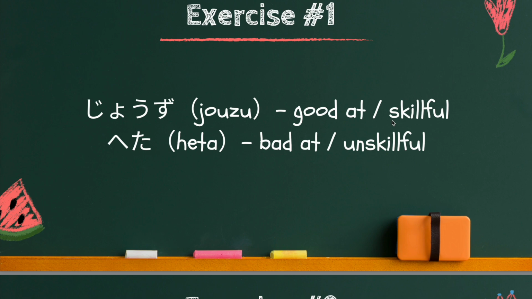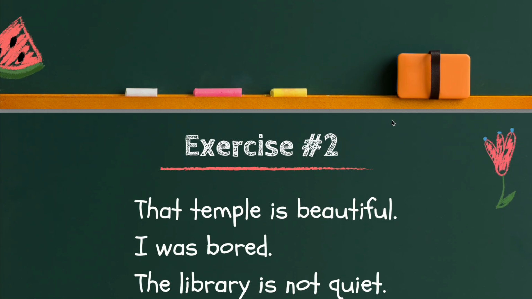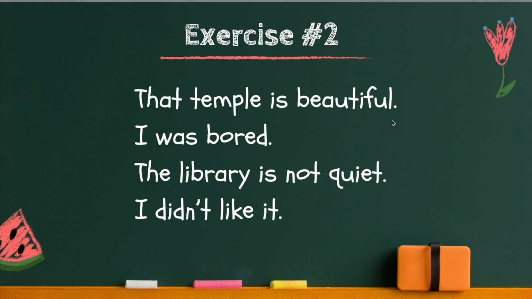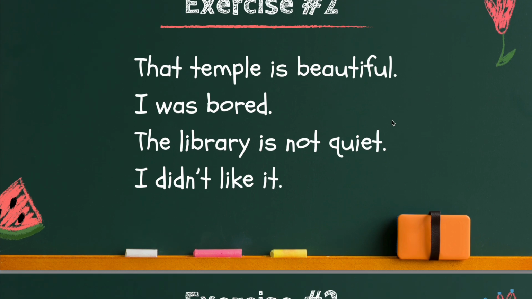So now we will move on to this second exercise. Please stop the video and translate these sentences into Japanese. When you are ready, please come back. Now the answers.